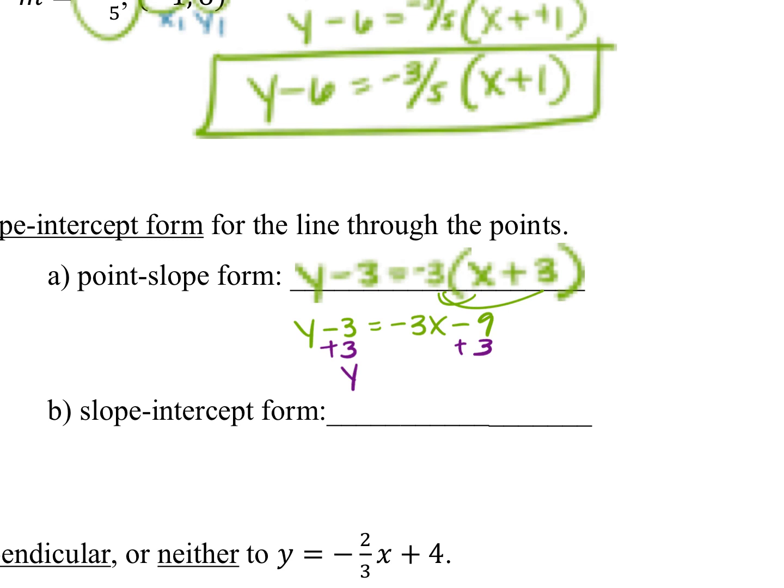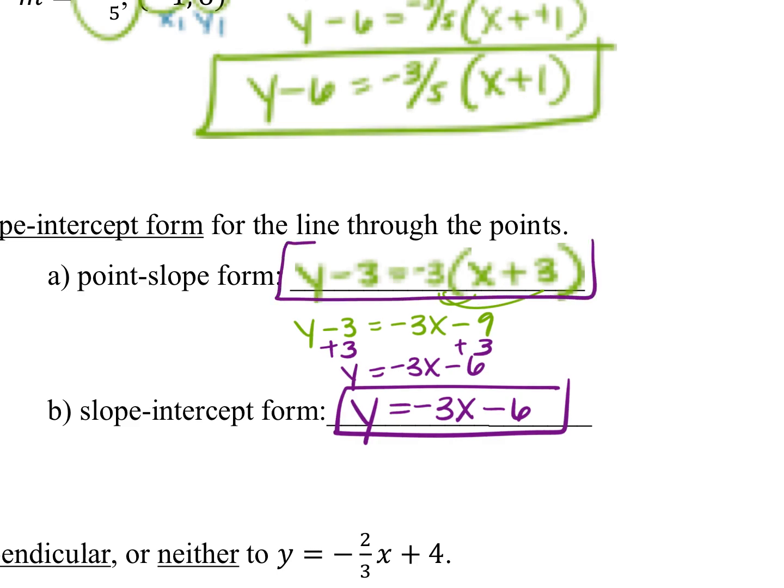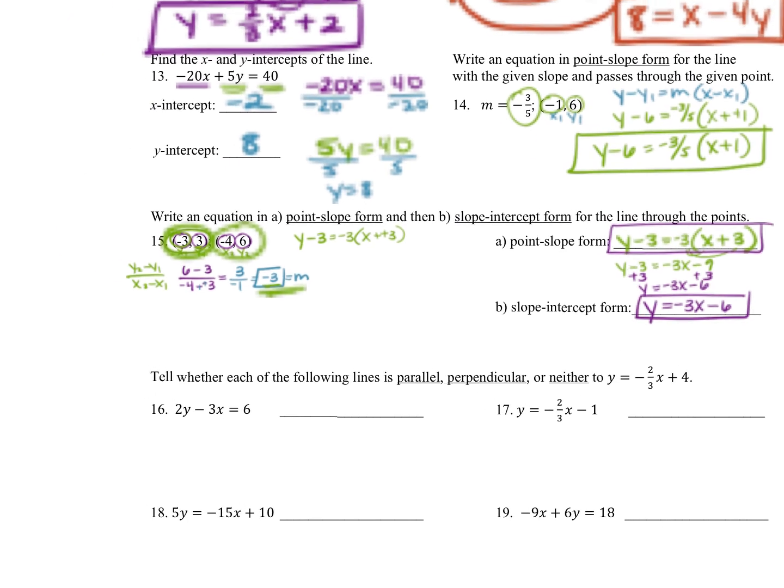So y equals negative 3x minus 6, and that is your slope intercept form. Okay, so those are your two equations, point slope and slope intercept.